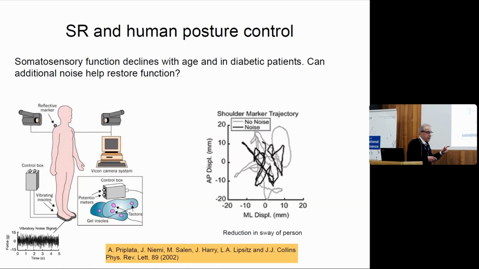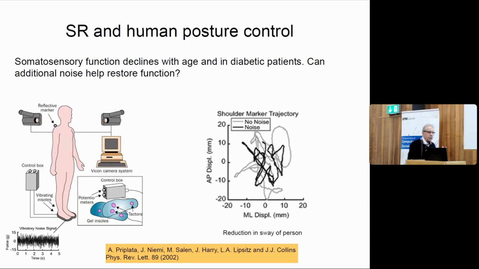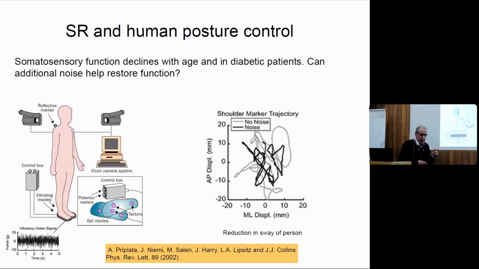Actually, they had humans, especially older people, who have a hard time standing on one foot for a long time. There's this sway problem. Human motility, you start to shake, right? Not so young people can stand a long time on one foot and things like that. So motility and balance become a problem in old age.